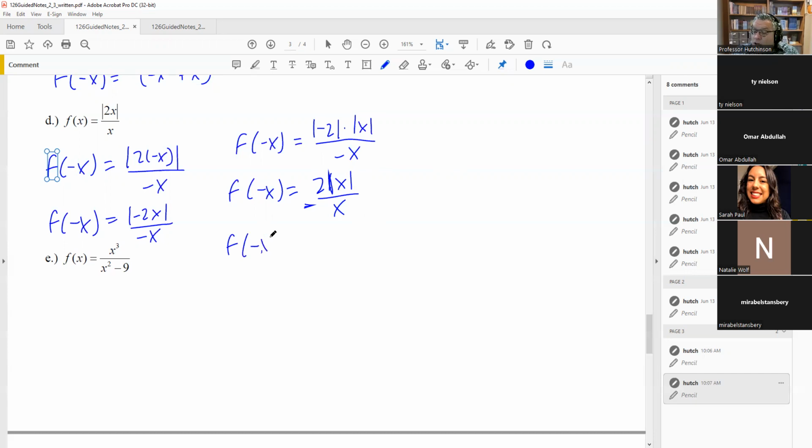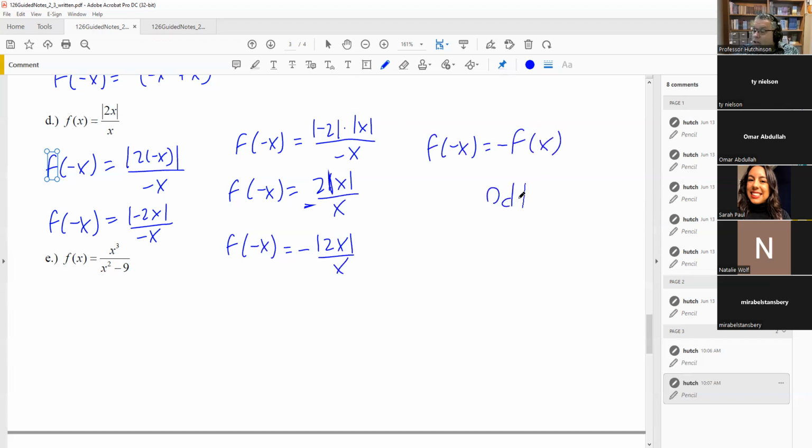The reason I'm doing that is to make it look like the original one. I have a negative out front, and I have absolute value of 2x over x. Now this part is exactly the same as the original one, except we have a minus sign out front. So I have f of negative x is equal to negative f of x.